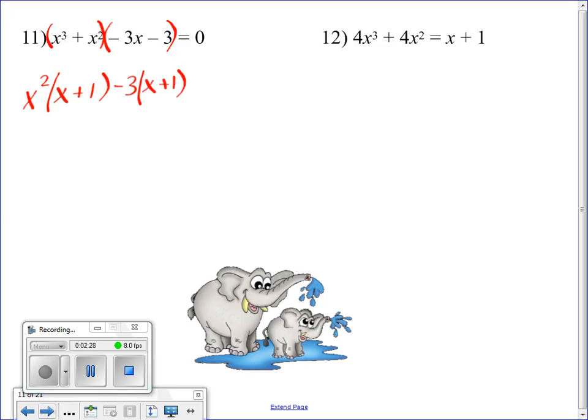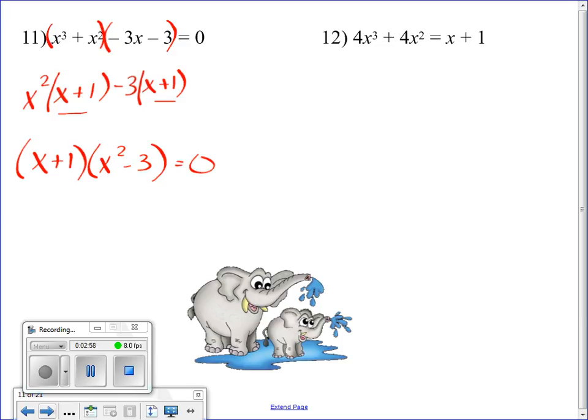Look at your parentheses that are sitting there. They're the same. If you did it right, you guys know how to do this. If you did it right, these should be the same. So we pull out that common factor. You pull out the x plus 1. It's kind of like you're factoring it out. What's left over if you take out the x plus 1s? And it's factored.